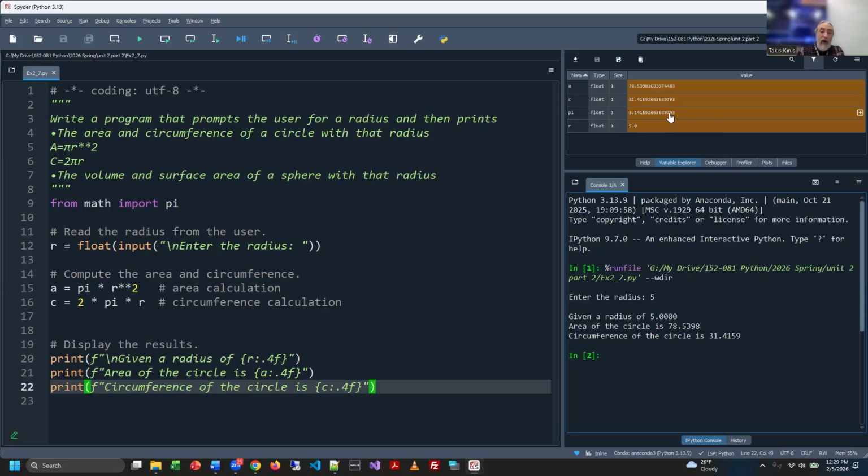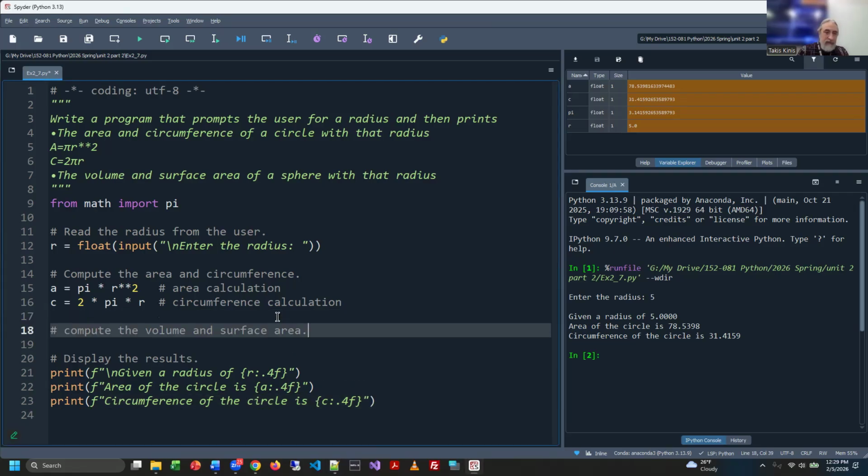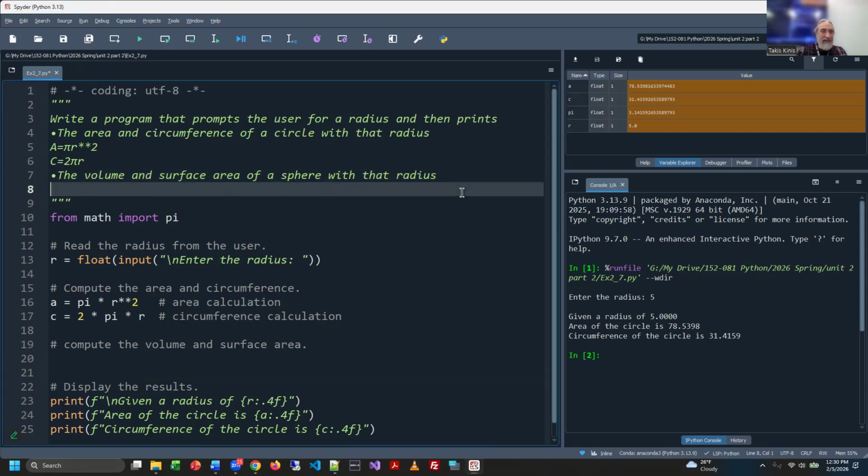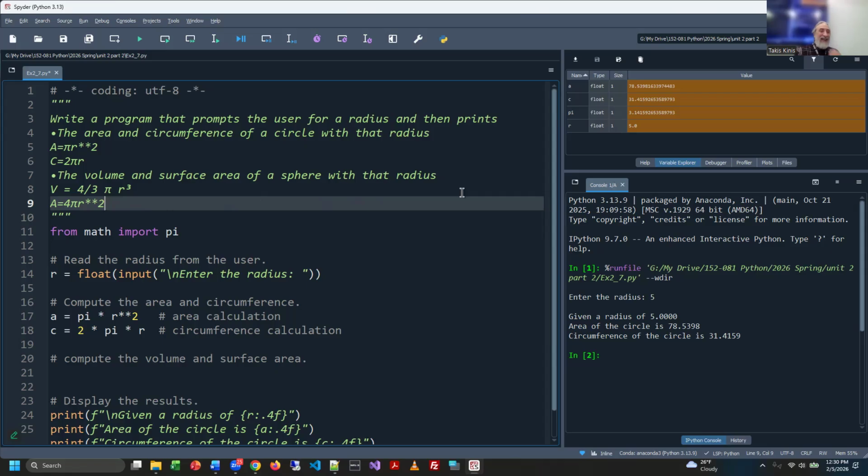So that's part 1. The second part is to compute the volume and surface area of a sphere with that radius. Right, so there's the goal. And then if you go out to Google or whoever is your search engine of choice or your AI agent, you'll come back with these formulas.